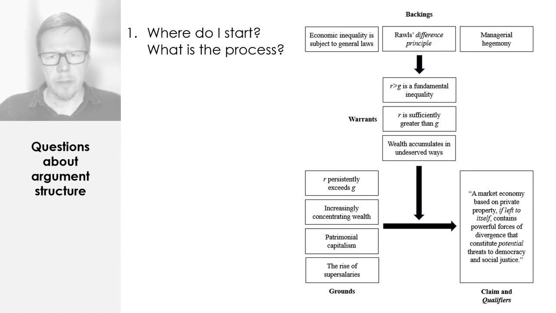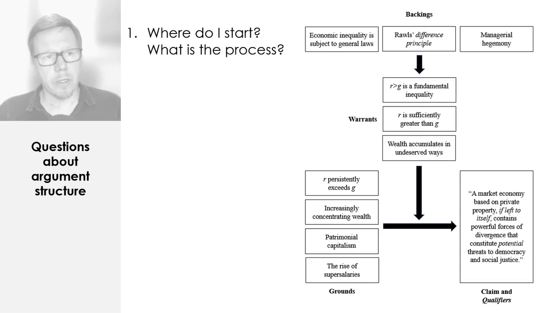If we look at the structure of the argument, we can't really see the process by which the argument was built. Where did the researchers start? They started with the backings, the warrants, the grounds, or the claim. There's really no general rule here, nor prescription. Some of us start at the intellectual foundations, at the first principles, if you will.